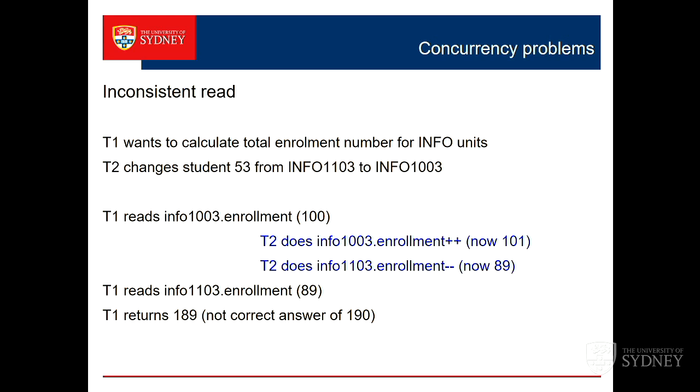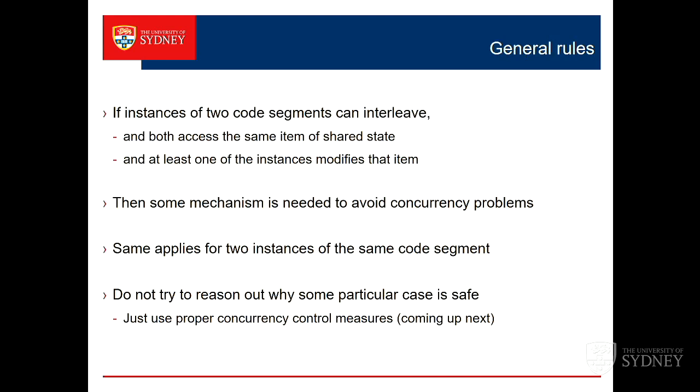Then T1 reads 1103, gets 89, and says, I've got 189 students. The real answer is I had 190 students. So we read, we remembered it, and then in between, the world changed under us, and we've got another inconsistent result, even though T1 and T2 are perfectly correct pieces of code.